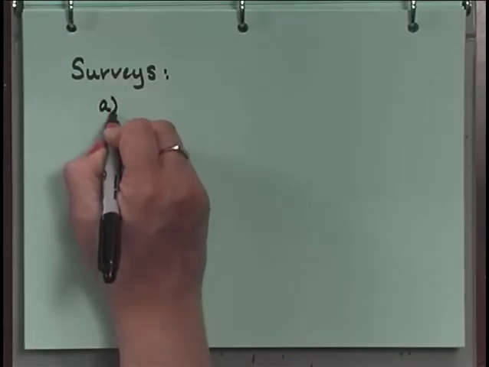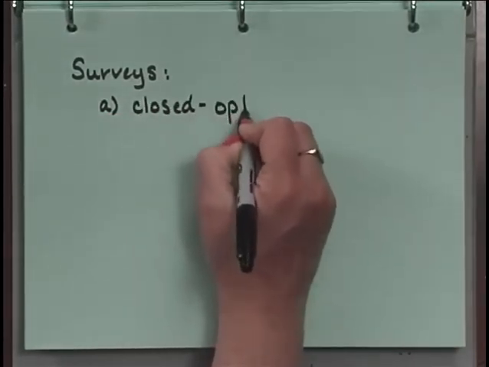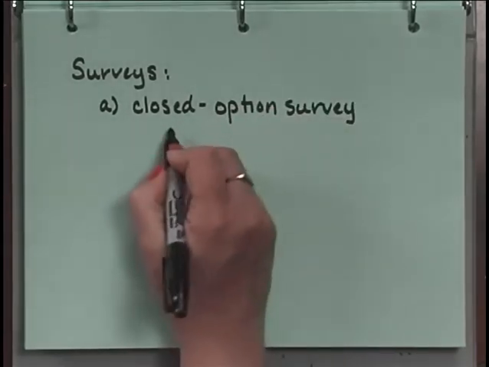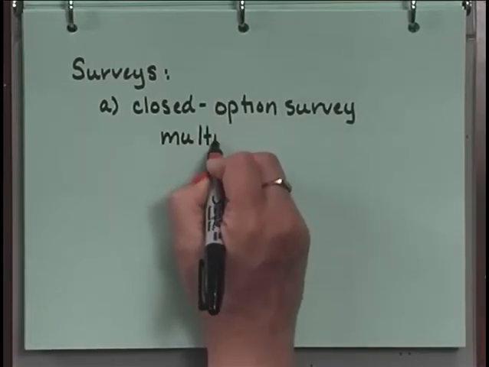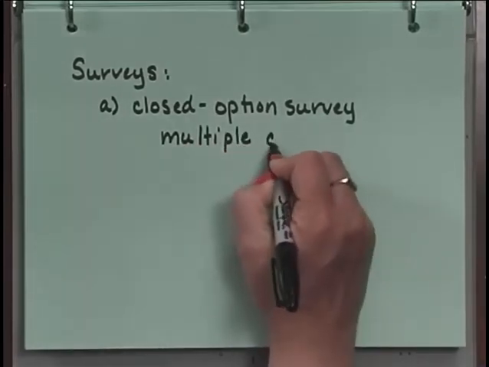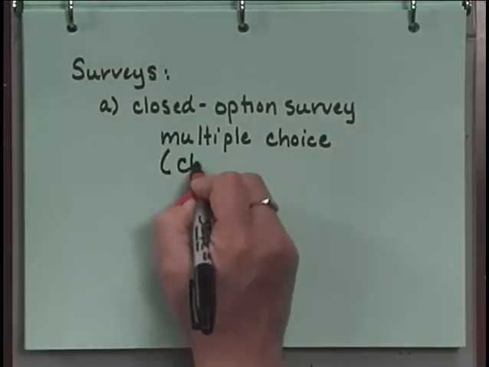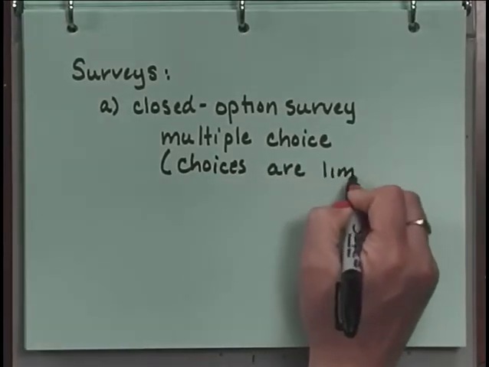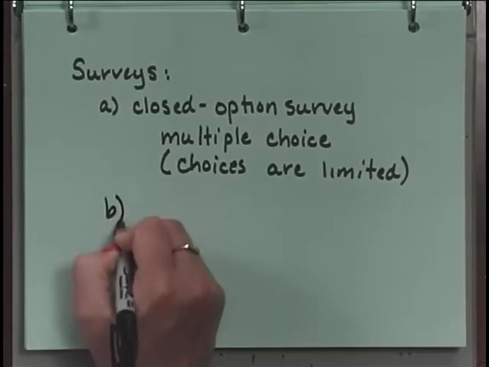You have, first of all, the closed option survey. This is basically a multiple choice survey. This is where you only give your respondents, or the people that are responding to the survey, a limited number of choices. So choices are limited. Maybe you ask them to choose A, B, C, or D.